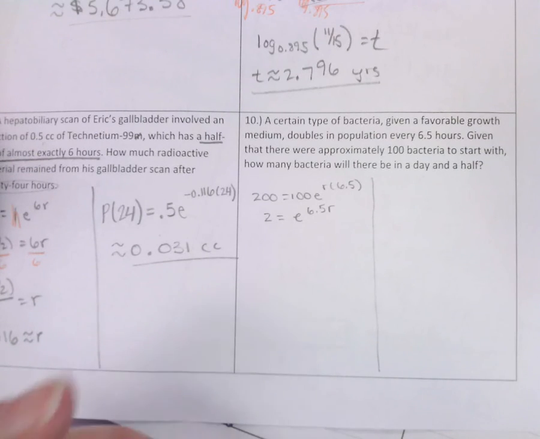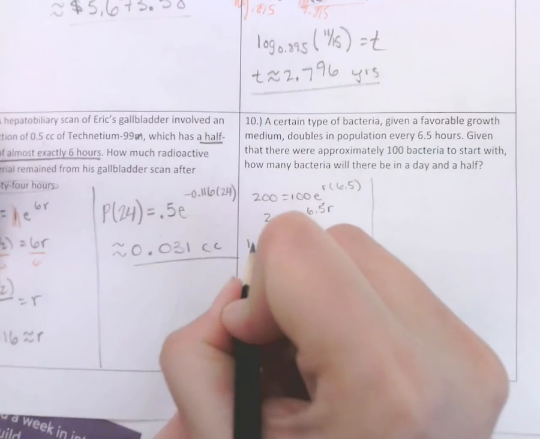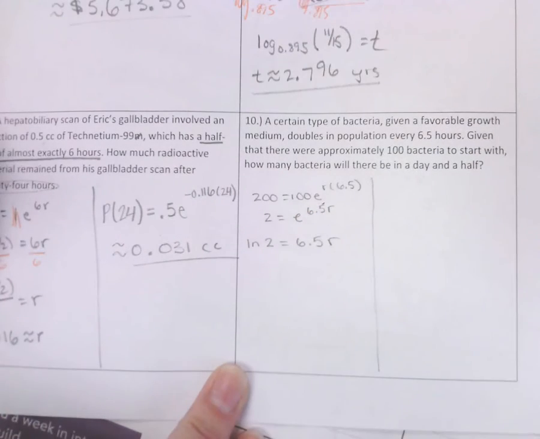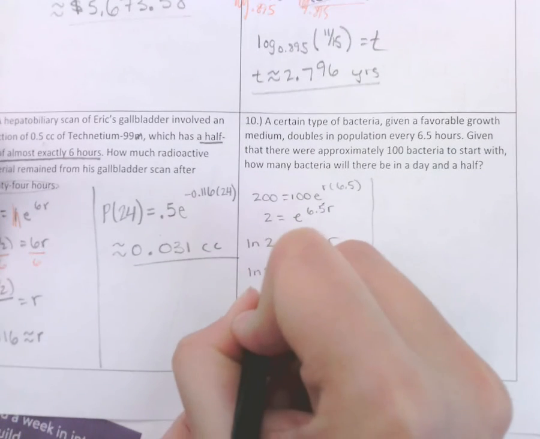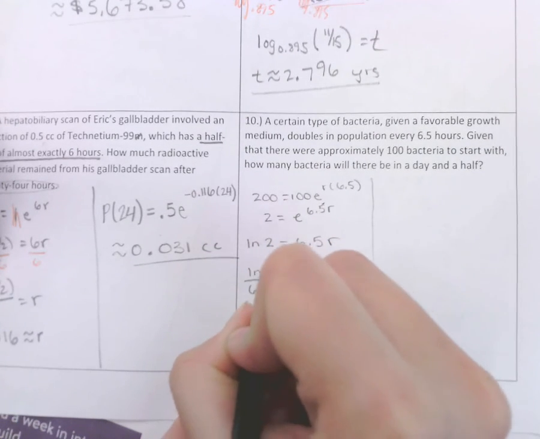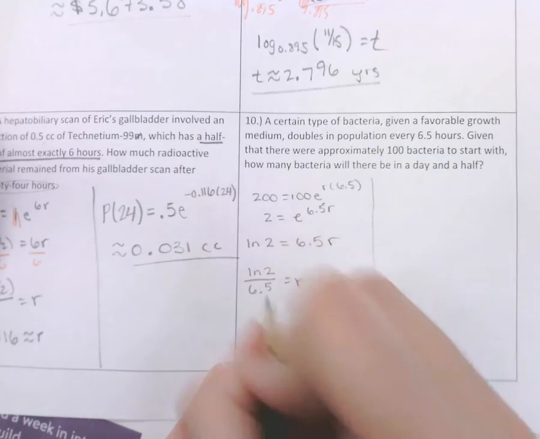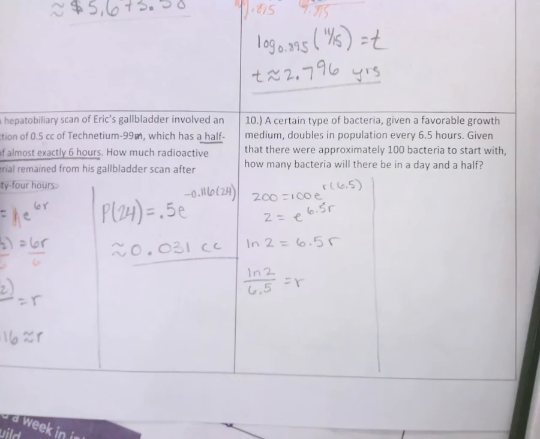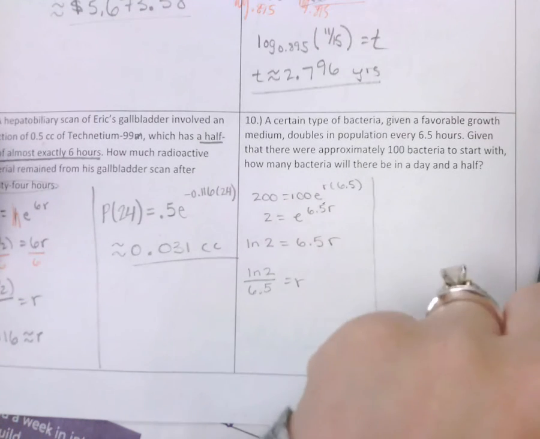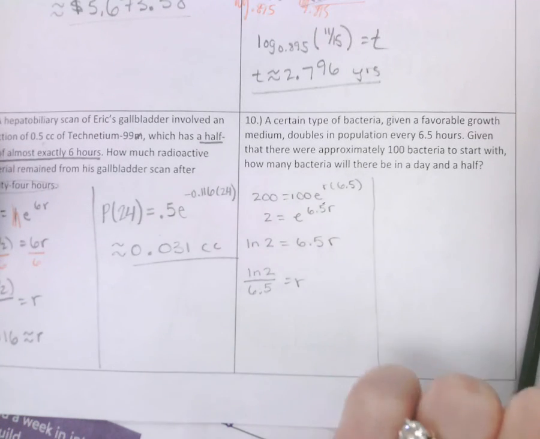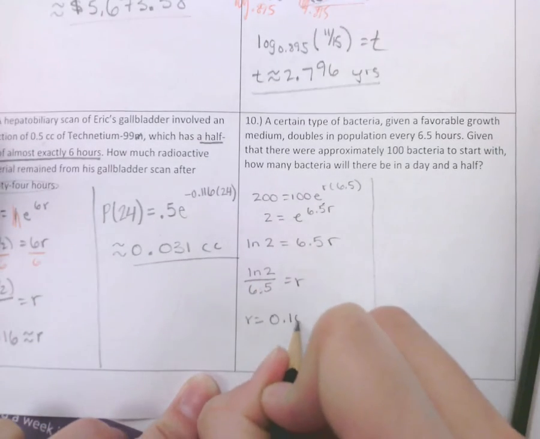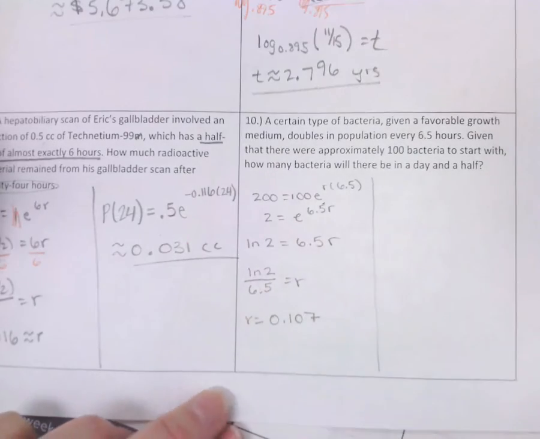Then we will take the natural log of both sides to get rid of e, and then divide by 6.5, and that will give us our growth rate. So I get 0.107 approximately.